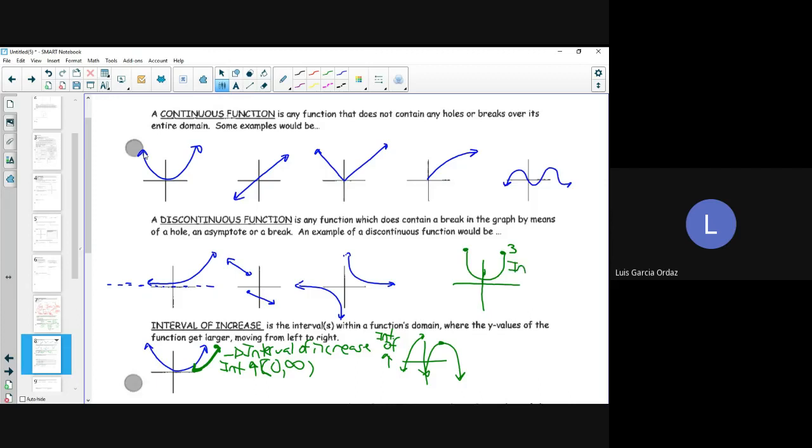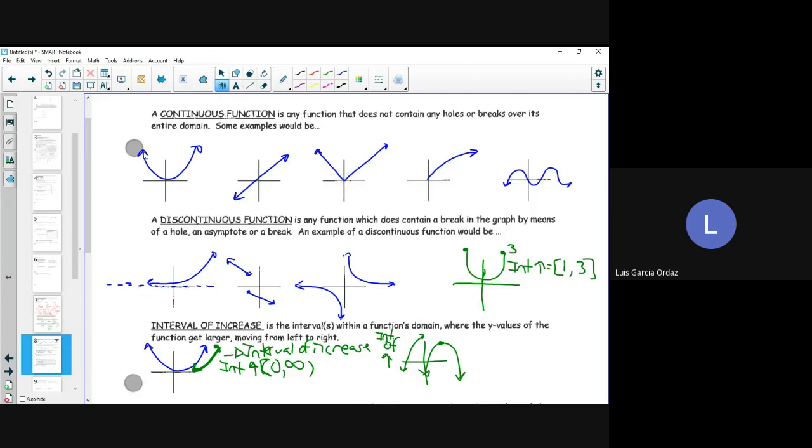What would my interval of increase be? In set notation, closed bracket 1 and then 3 and then closed bracket. So because you have that arrow, you always assume it's going to infinity.